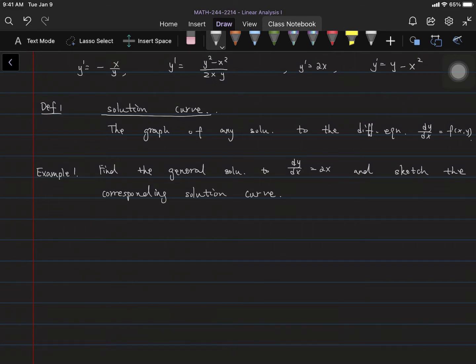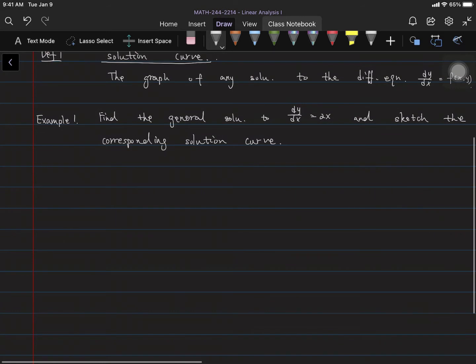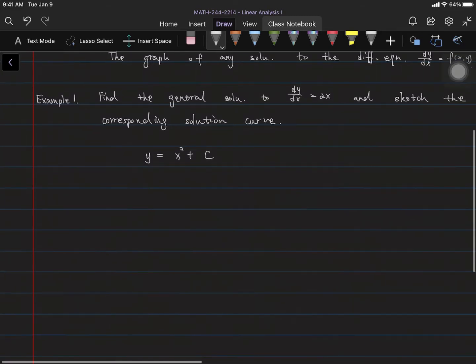So first question, how to find the general solution? We do the integration. So y equals the integral of our differential equation, so it should be x squared plus c, right? And because it's a general solution, that's why we have c.